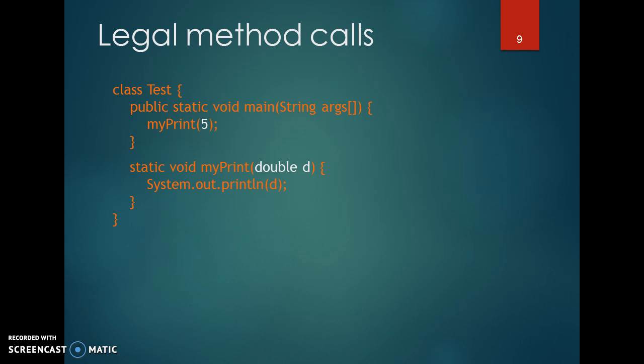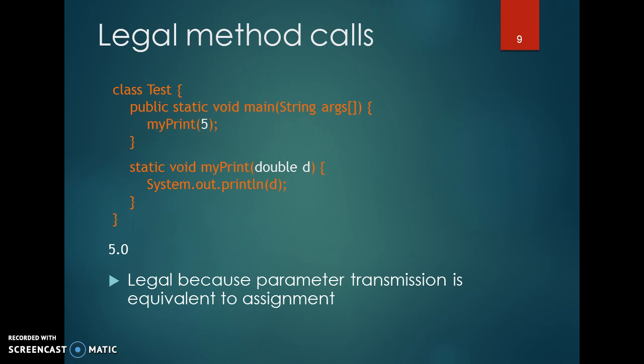But when I call it with the value 5, we are widening the data type, so it is a legal method call. It is getting converted to 5.0, which is legal because parameter transmission is equivalent to assignment.